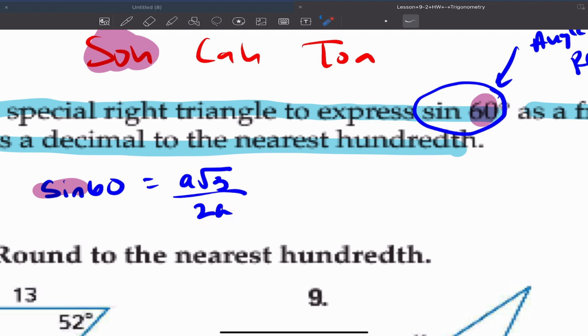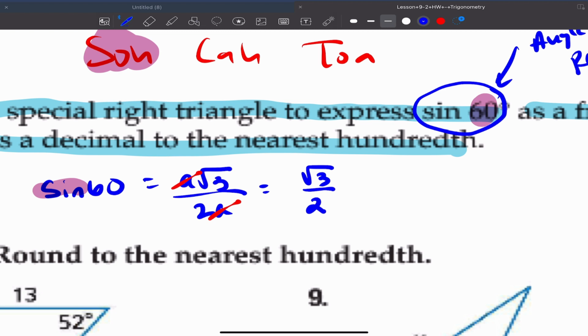2A. Now, if we look at the top and bottom, first of all, you cannot leave A root 3 over 2A as your answer because it's not simplified. Why? Because they both have an A. So I have to cancel those two A's. So what are you left with? Root 3 over 2.